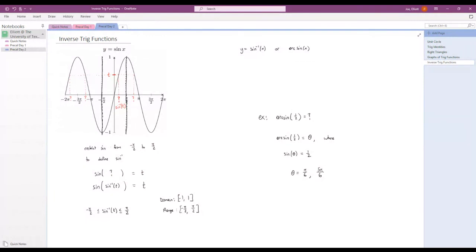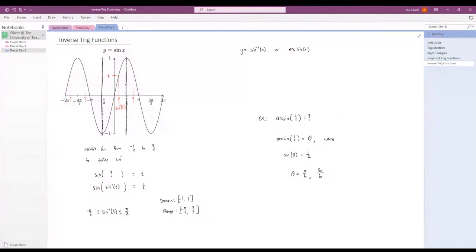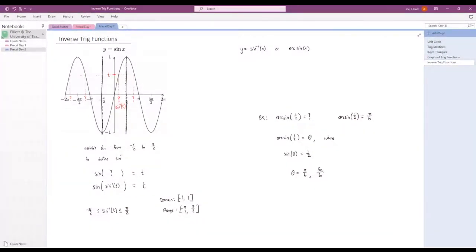But arcsine of 1/2 is going to be only one of these values. Which of these angles is the right answer, and why? Arcsine of 1/2 is going to be equal to pi over 6 in particular. The reason we choose pi over 6 is because of our restriction on sine.